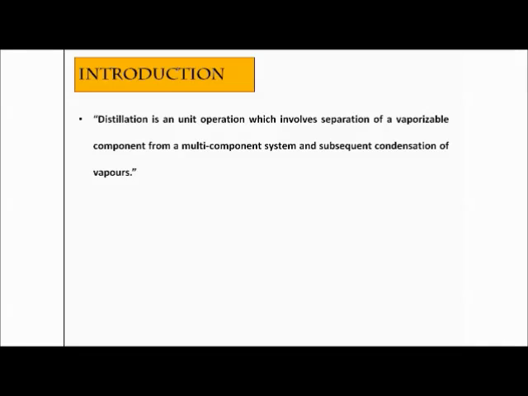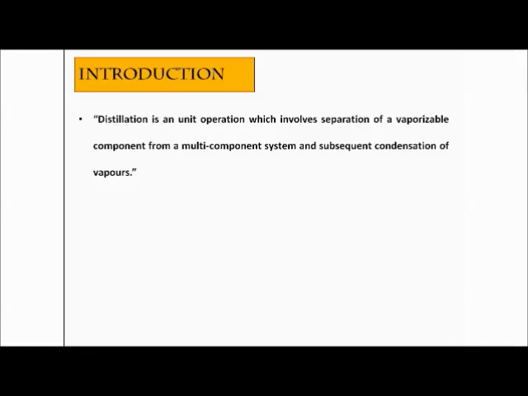Anything which, upon providing heat, gets vaporized or becomes volatile. These are the vaporizable components. So the first definition states that distillation is a unit operation which involves the separation of vaporizable components, meaning those components which are vaporizable in nature, from a multi-component system. That means the system will have many components.